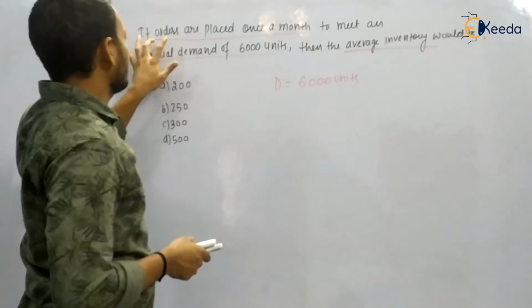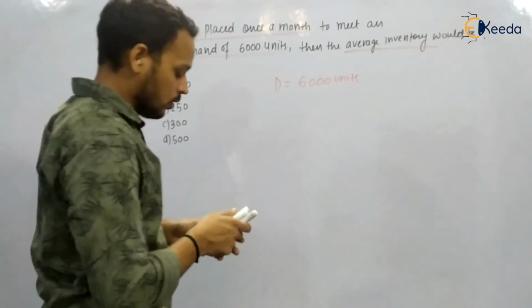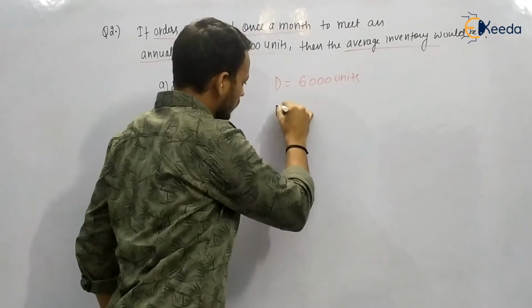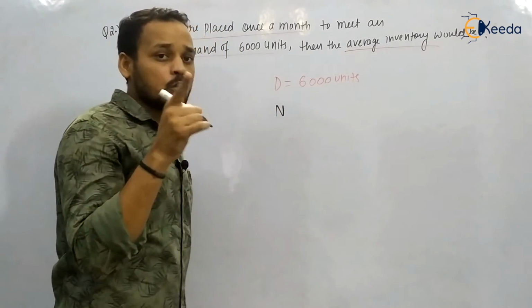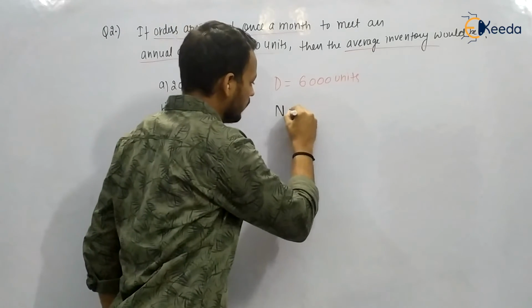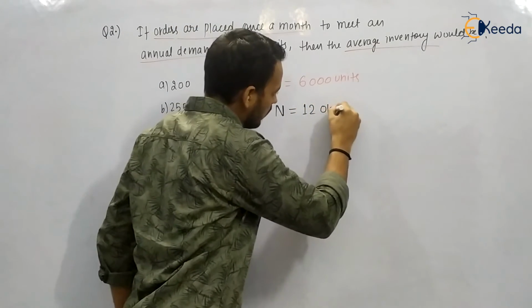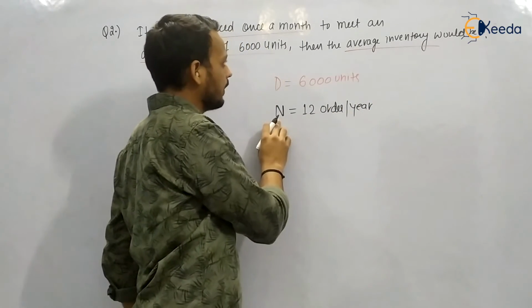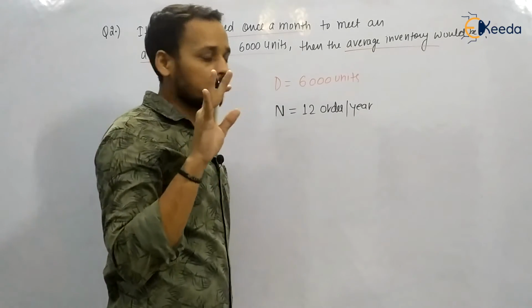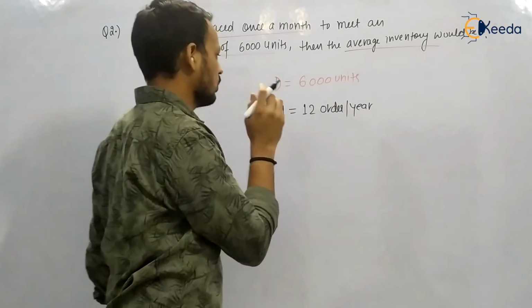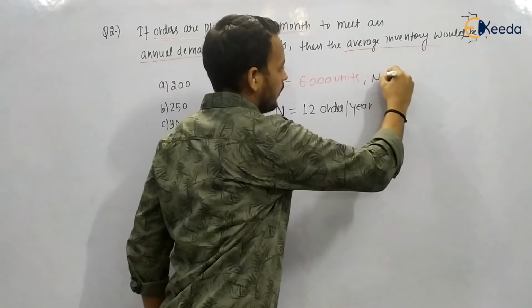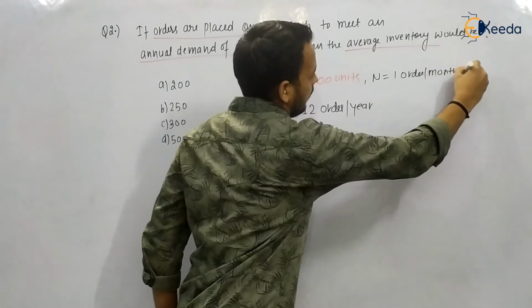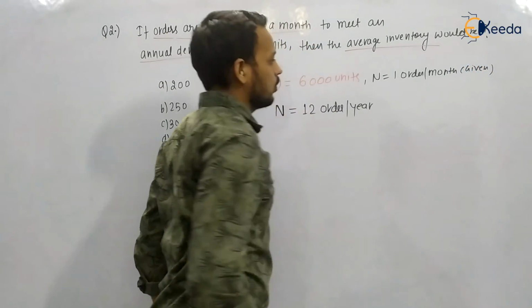Orders placed once a month means N is 12 orders per year. N equals 1 order per month, it is given in the question.